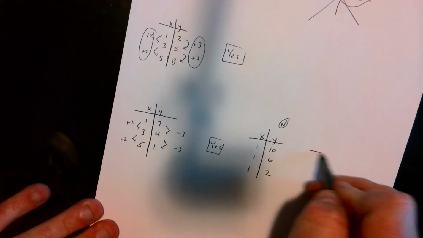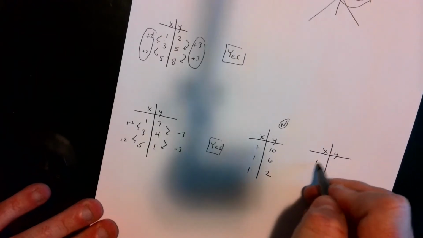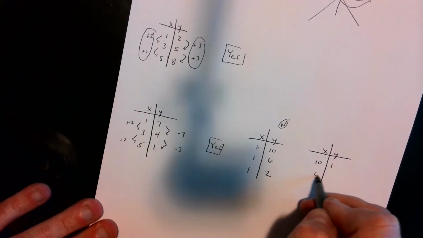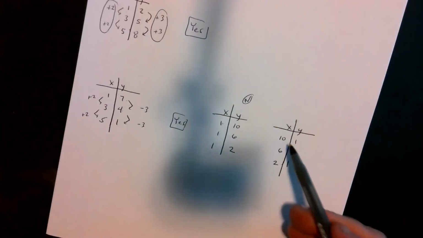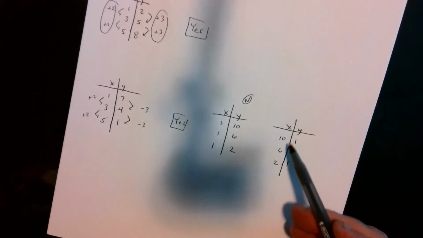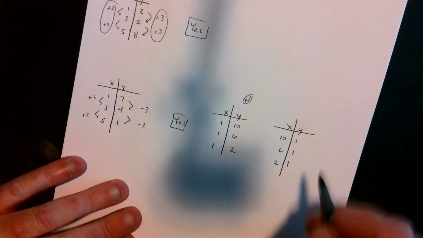Okay, if I flip that, and I look at this case, well now if I look at my x's, they don't repeat. Okay, so we're safe there. Now we want to see, is it linear? Do we always have a constant change?